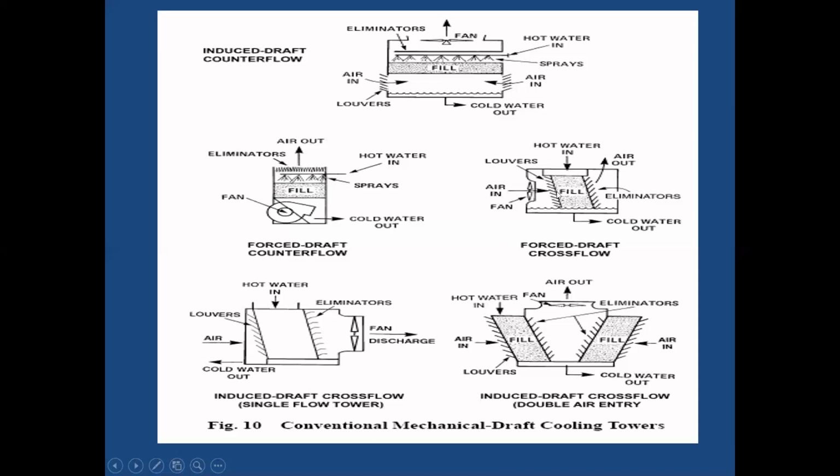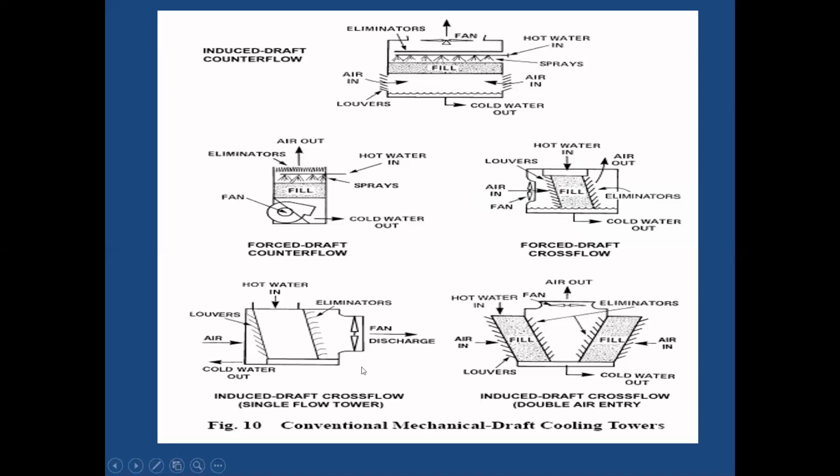Then the forced draft cross flow. In this case, the fan is fitted at the inlet, but the arrangement is cross because air moves in the horizontal direction, water moves in the vertical direction. So this is a cross flow arrangement. Then the third one is induced draft cross flow single entry.